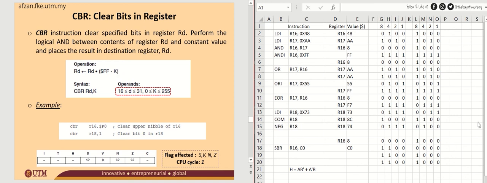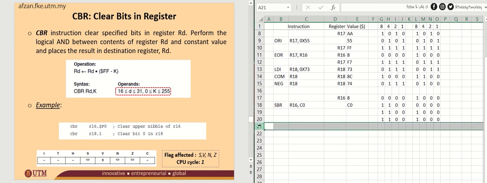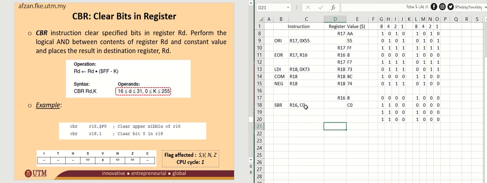Let's do an example here. Previously, this is our current value of R16. R16 will have a new value, which is C8. Now what I'm going to do is clear this bit here.